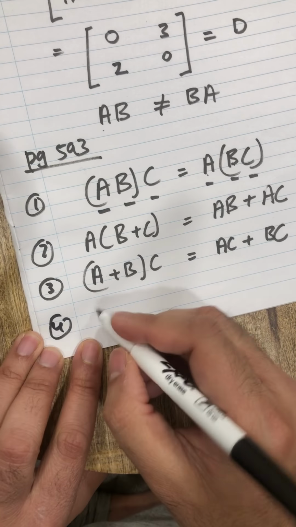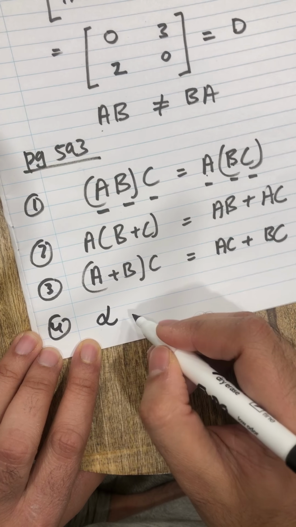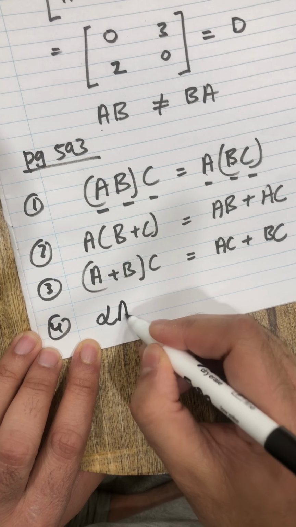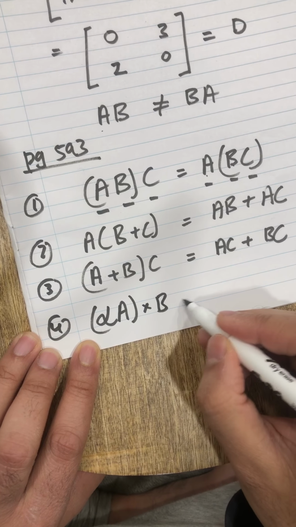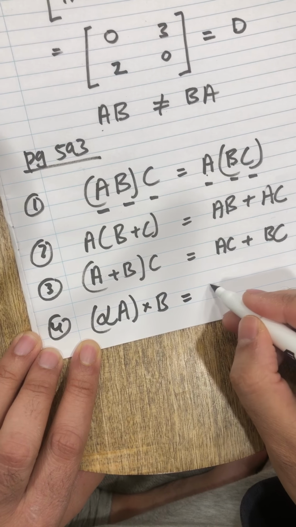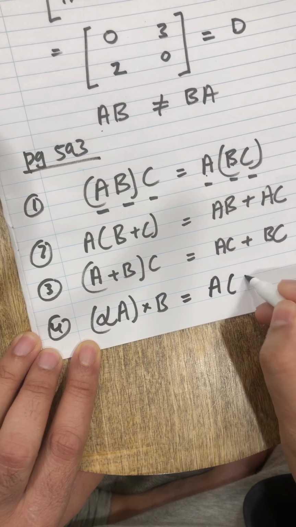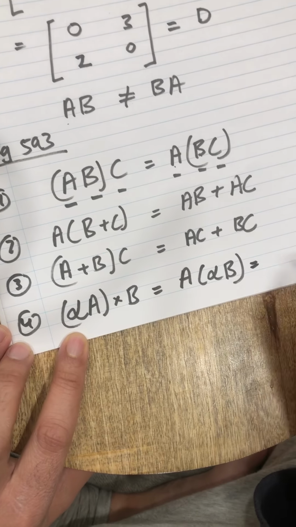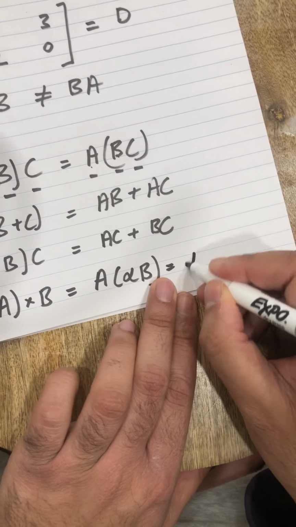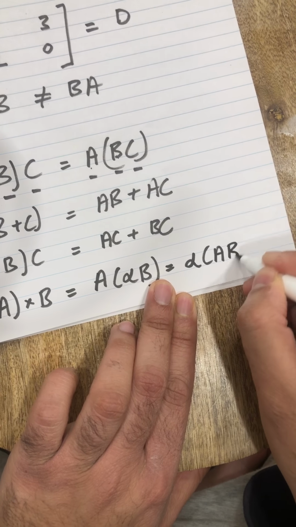And then the fourth rule is, if you have a scalar alpha into A and then you're multiplying this to the matrix B, this is the same as A into alpha B, and this is the same as alpha into AB.